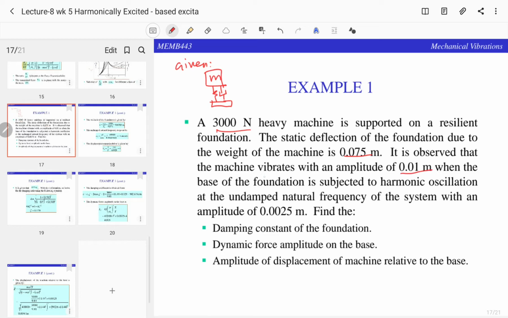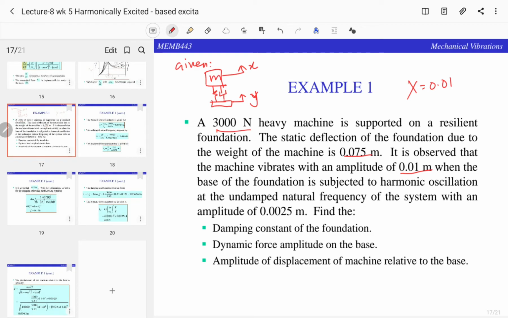This one is the output, which is capital X, 0.01, when the base foundation is subject to harmonic oscillation at the undamped natural frequency of the system with an amplitude of 0.05.